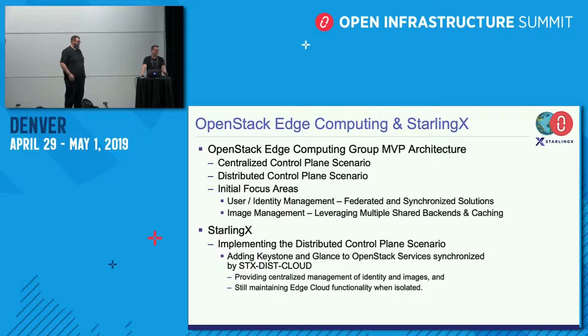StarlingX is an OpenStack pilot project, so it is available through the StarlingX project. The model that we have now is that the sync framework is in StarlingX, and then there are service-specific plugins to the framework to enable the synchronization of the different services.